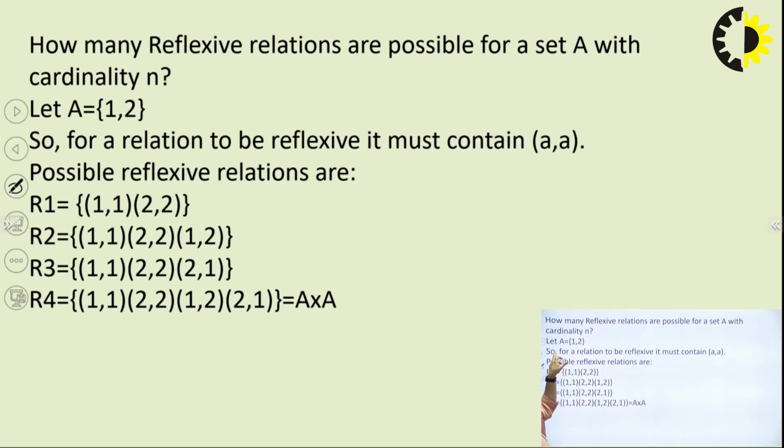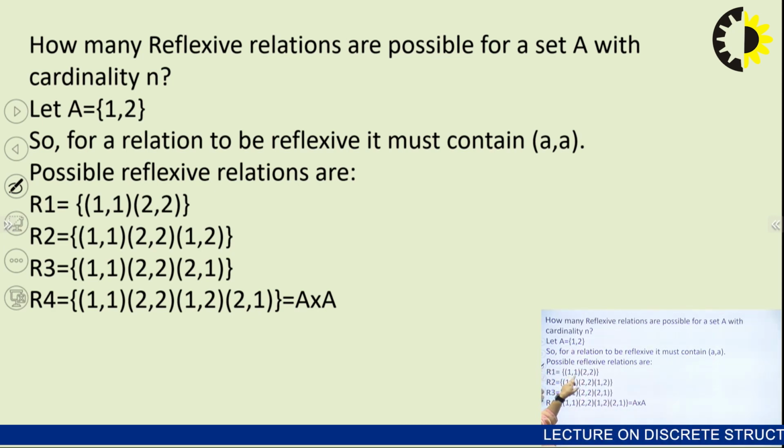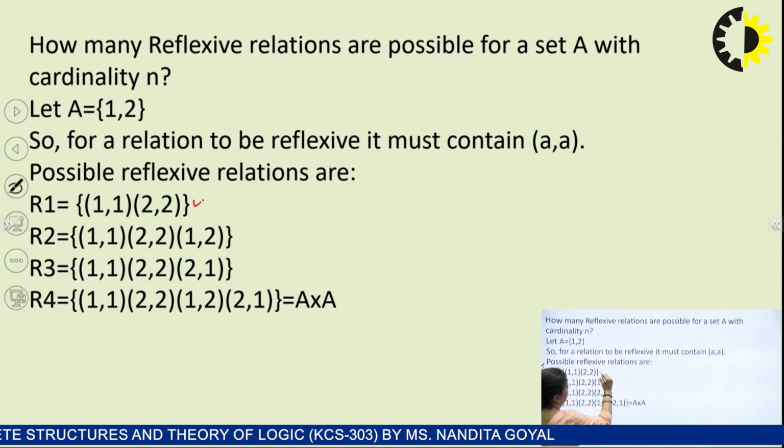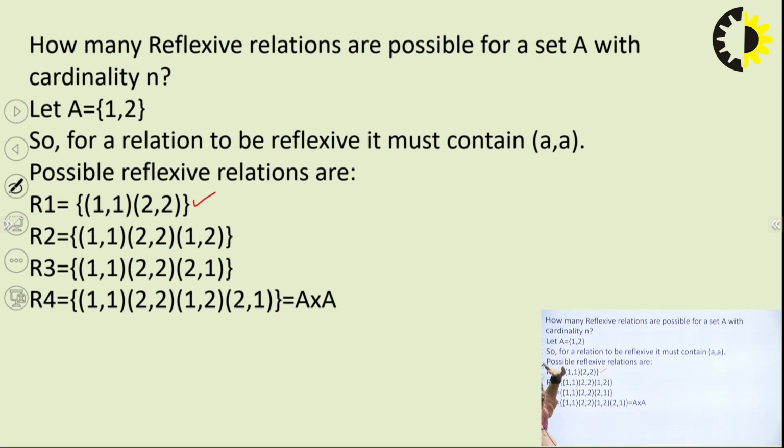For such a small set, we'll see how many reflexive relations are possible. So we are saying that if this relation is to be reflexive, it should contain all the A, A elements. That means for this particular example, it should at least contain 1, 1 and 2, 2. So this R1 is the smallest reflexive relation which is possible for this set A with 2 elements.